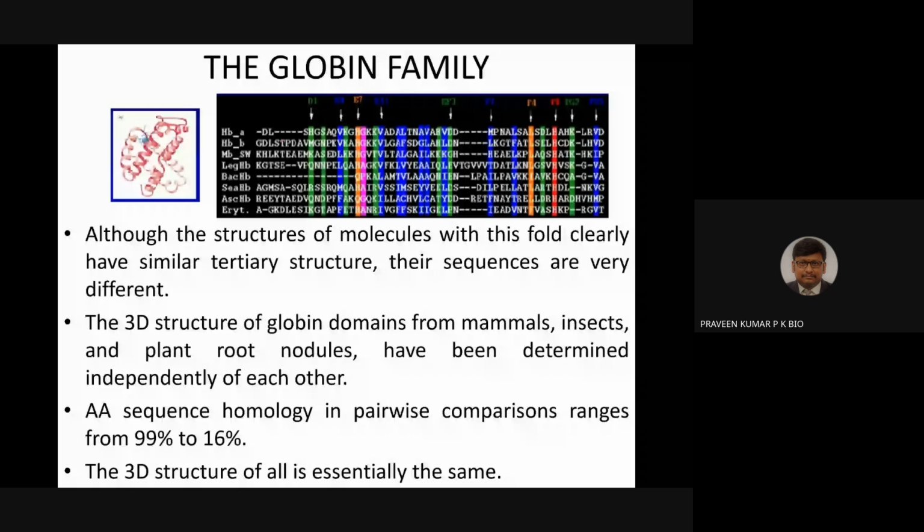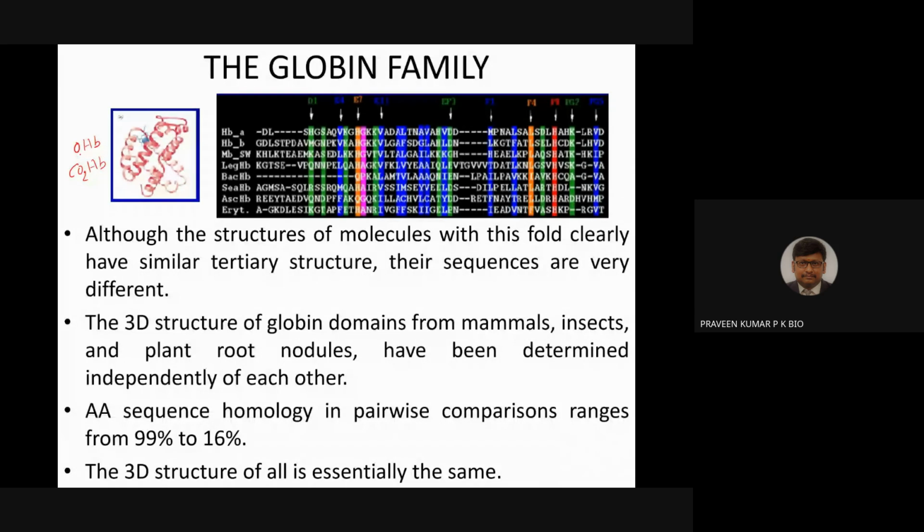And if you see the globin family, as I just explained, we have various globin proteins. Even in hemoglobin, we have hemoglobin A chain, B chain. When hemoglobin is taking oxygen inside, we call this oxyhemoglobin. And when it is exhaling CO2 outside the body, then we call it carboxyhemoglobin.